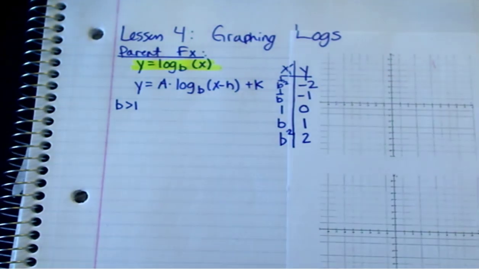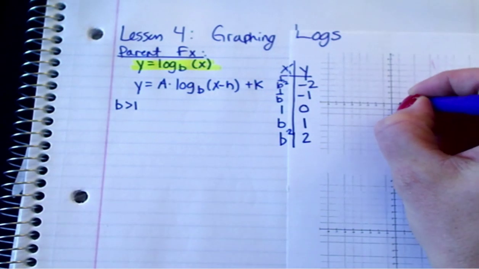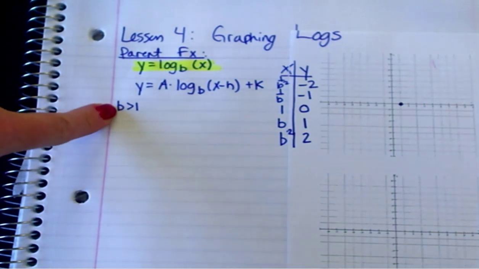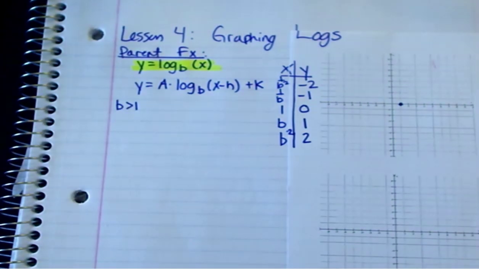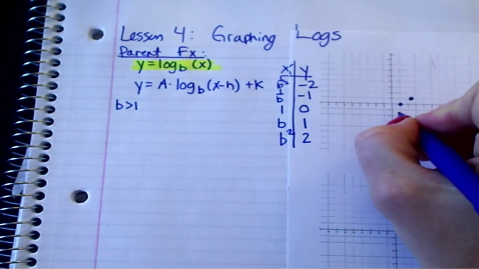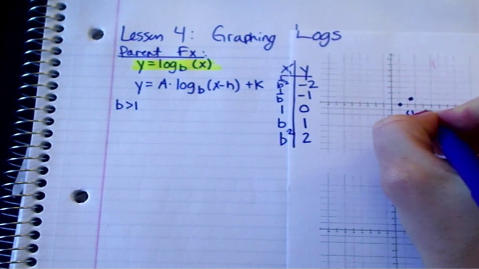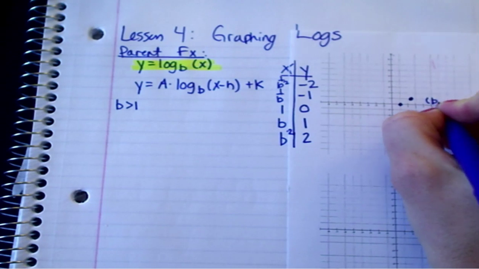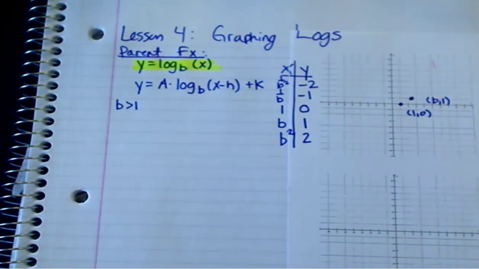Okay? Well, this is the only one that I can actually plot. Keep in mind that we said the base is bigger than 1. So I'm just going to put it over here. One, 0. B, 1. 1 over b, -1.